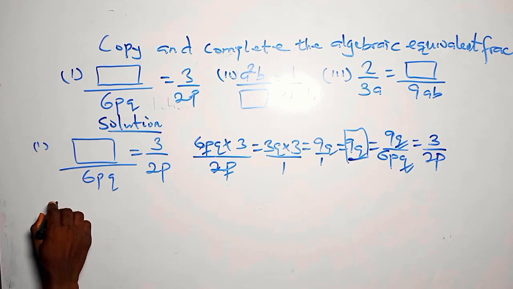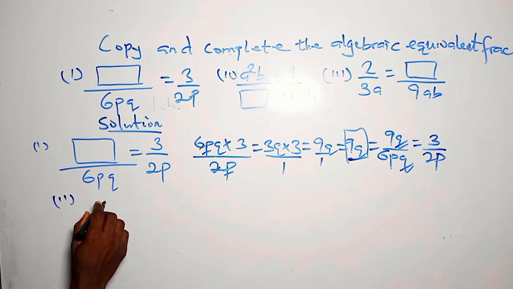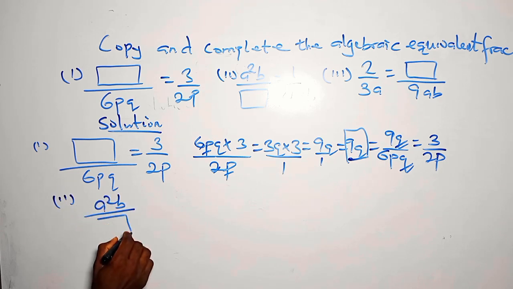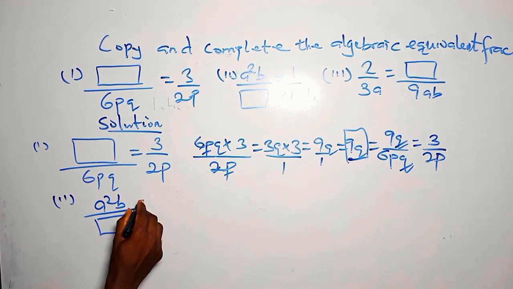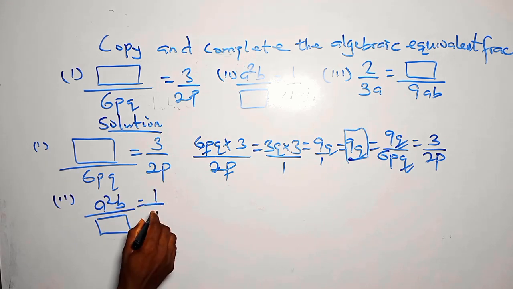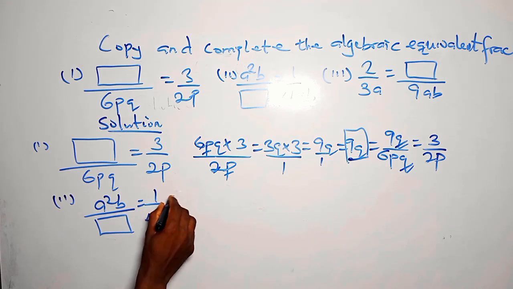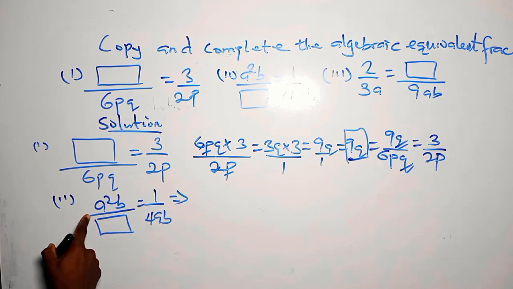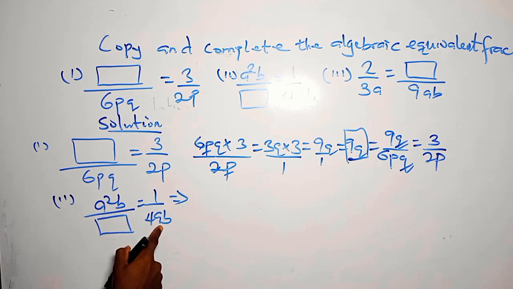For number 2, we have a squared b divided by the unknown equals 1 divided by 4ab. To resolve this, we multiply this with this.